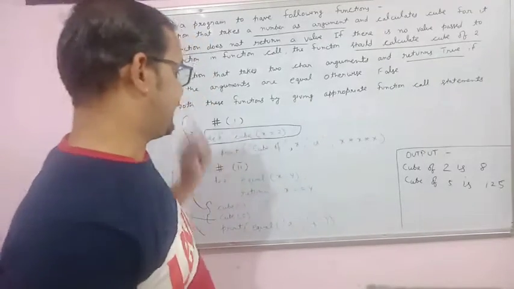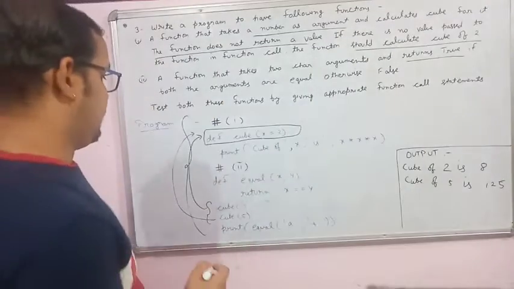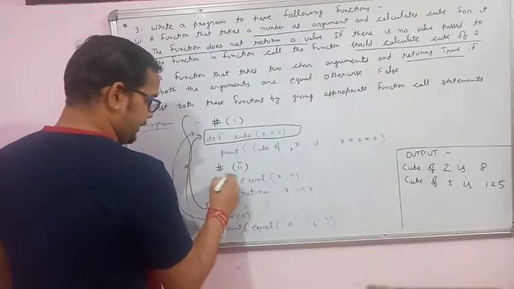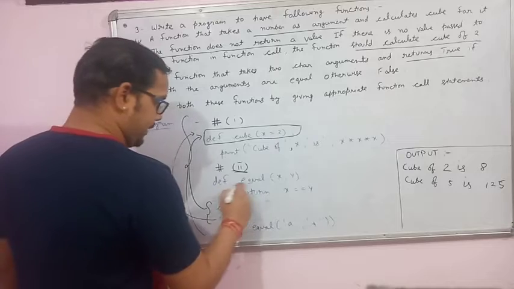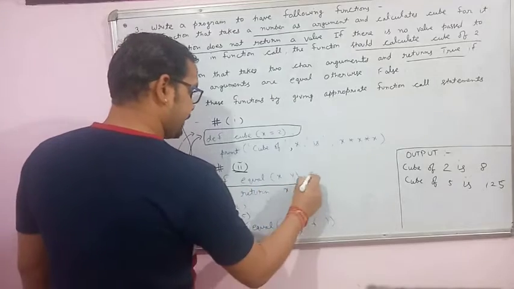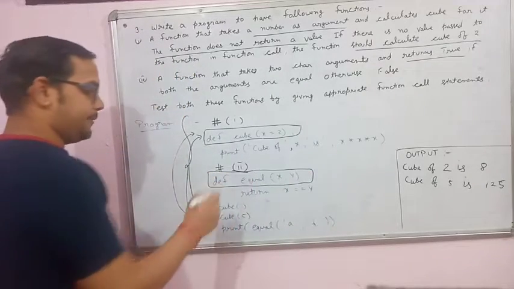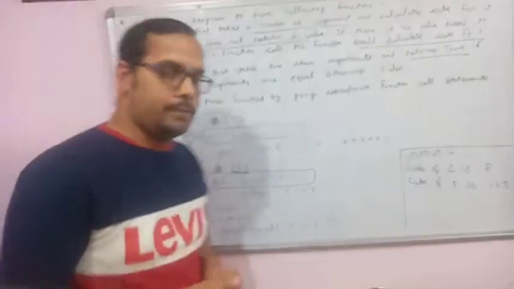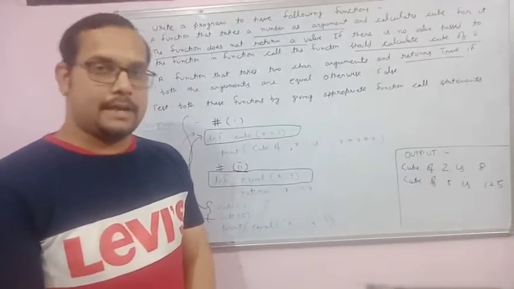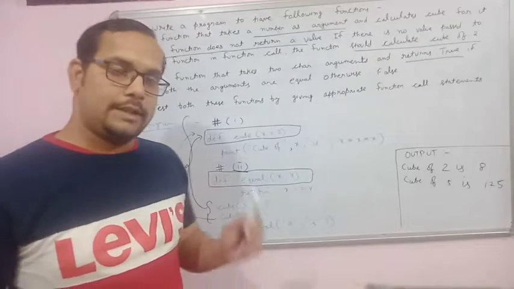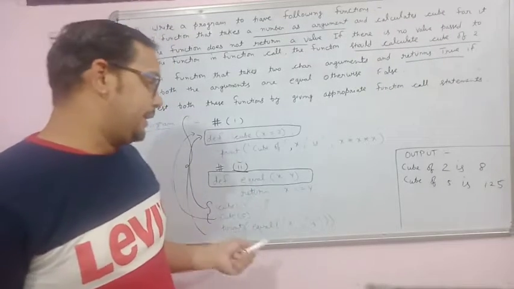The question is saying like this. So for this I made a second function. The function name is equal. This is the name of the function. def equal x comma y. Here both the parameters are character type, means it will take only character type values and then it will compare.